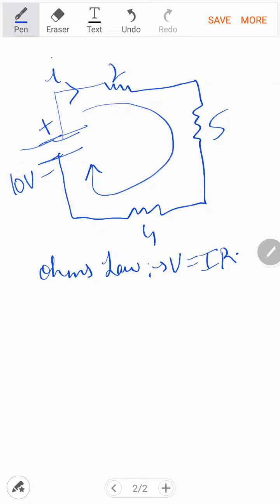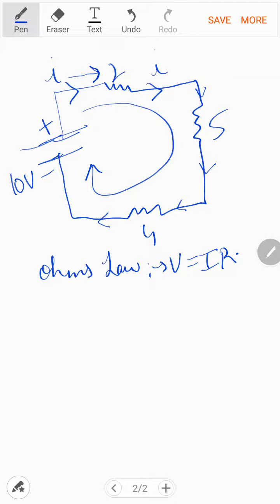When the current I is flowing through the resistance 2, there will be a voltage drop, and then a new voltage from here, but the current I will be the same. Why? Because the circuit is in series. Actually there is no node, so the current will not get divided.